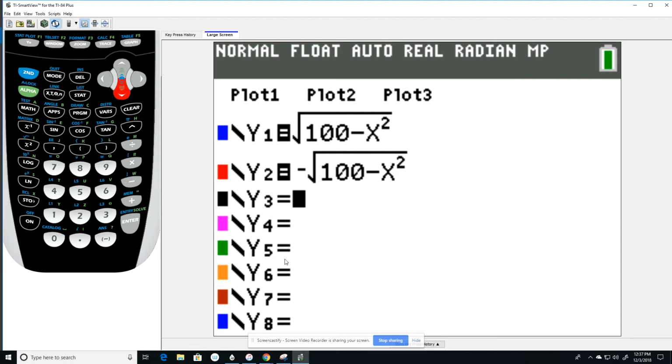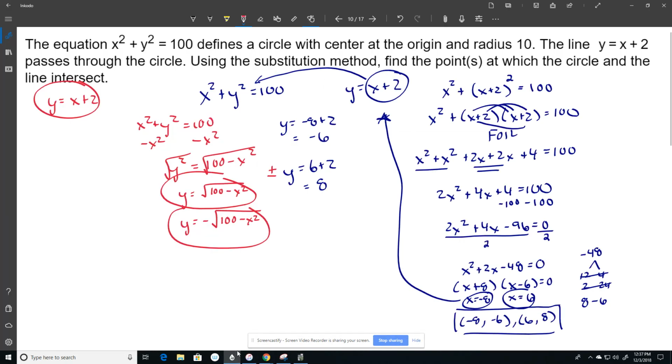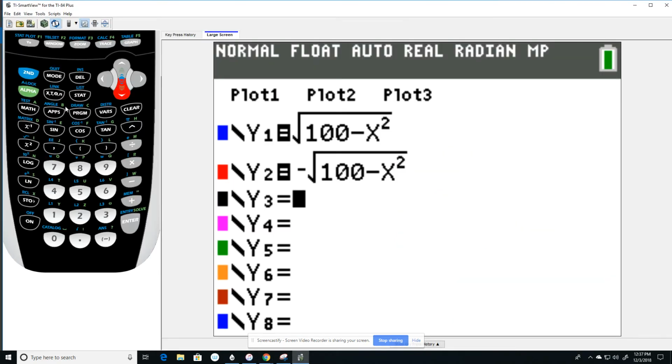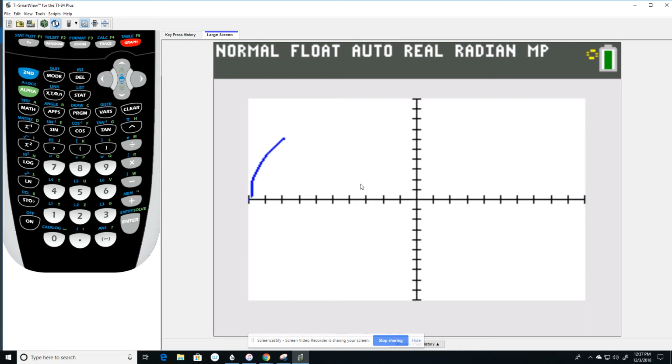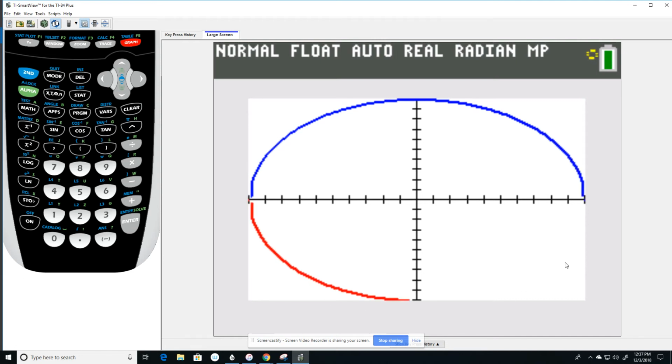And then my third line was y equals x plus 2. And when I graph these, look at what we see. There's the first line, there's half of my circle. To get the other half of the circle, we needed that second line. And then our third one is that straight line that's going to cross.